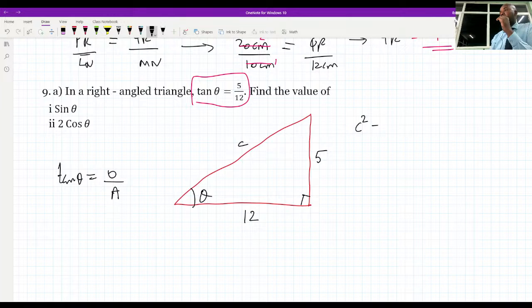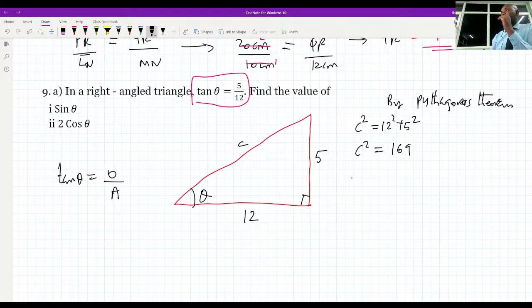So C square is 12 square plus 5 square, by using Pythagorean theorem. So by Pythagorean theorem, we get c square equals 169.